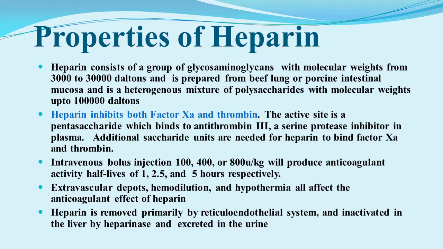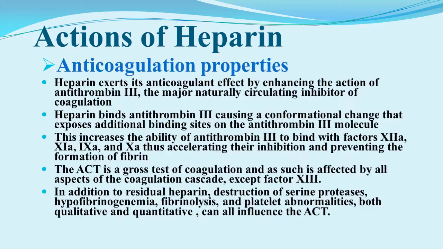Heparin is primarily cleared by the reticuloendothelial system. Heparin exerts the anticoagulation effect by enhancing the action of antithrombin 3, the major naturally acting inhibitor of coagulation. ACT is a gross test of coagulation, affected by all aspects of the coagulation cascade.